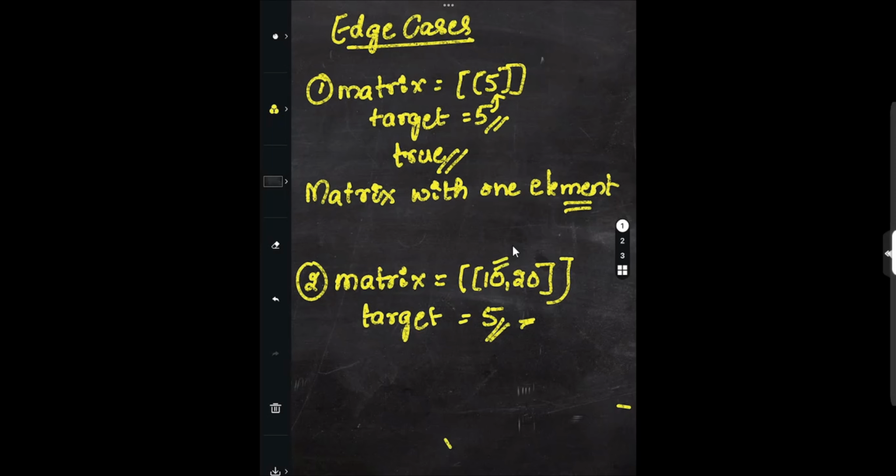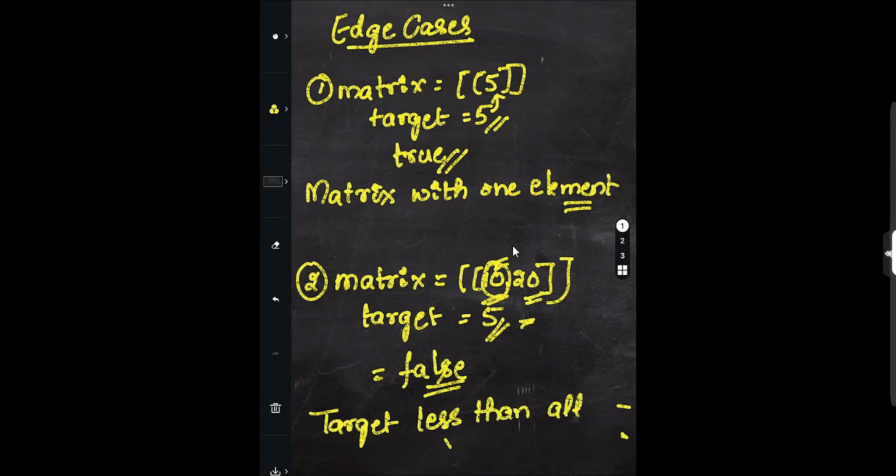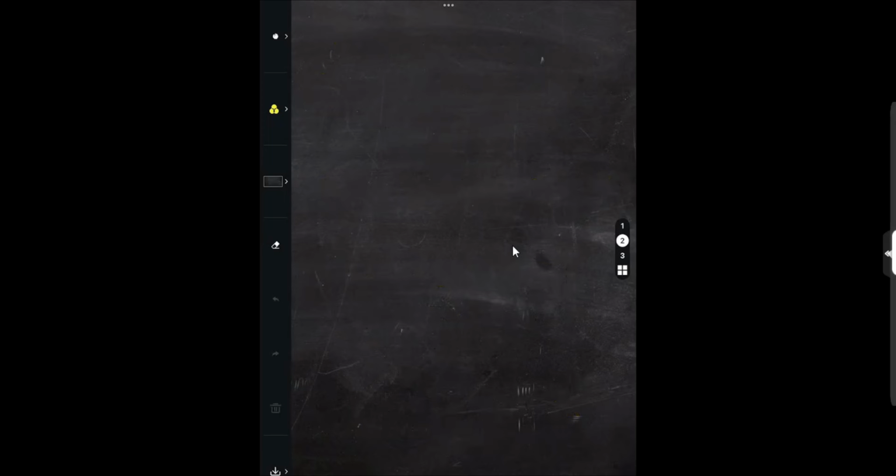If the target is smaller than the smallest element, then we are returning false. The element is not present in the array at all, right? This is for the condition target less than all elements. This is the second edge case.